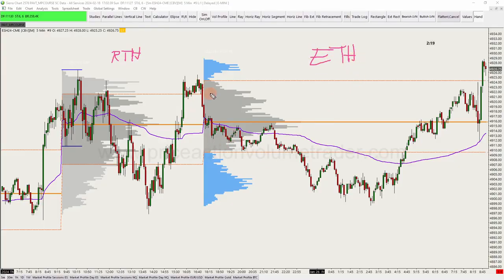And you can see how we opened right here within value from the previous session. Market broke below. We did have a move back inside, but as we're going to see soon on the 30-minute chart, all these 4 candlesticks that closed or traded above this value area low, these were all one single TPO. So then we broke down again. So this was one single print. So this does not satisfy the rule.